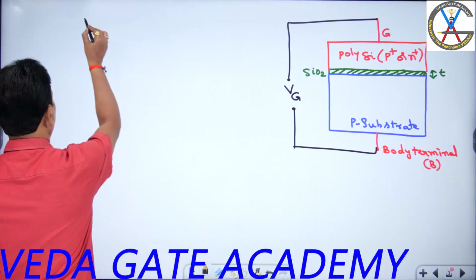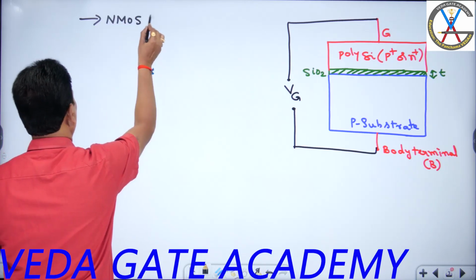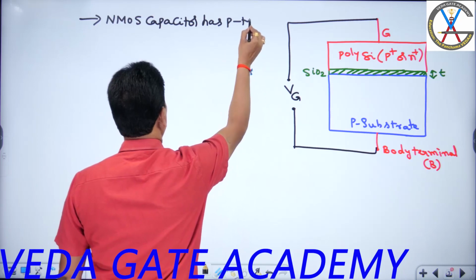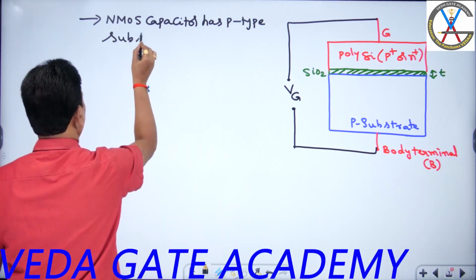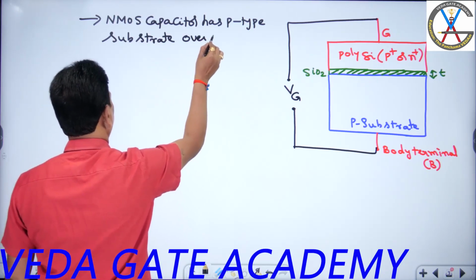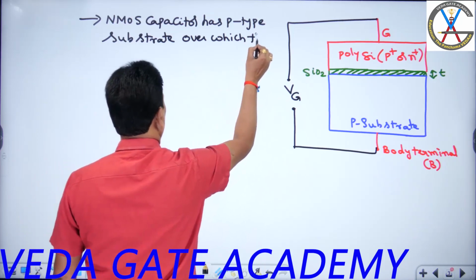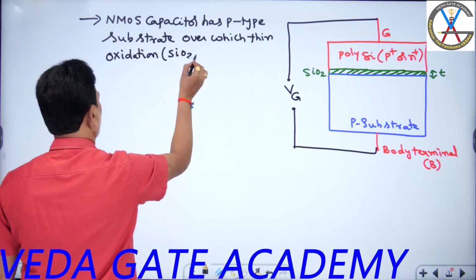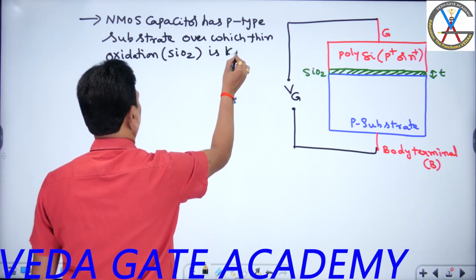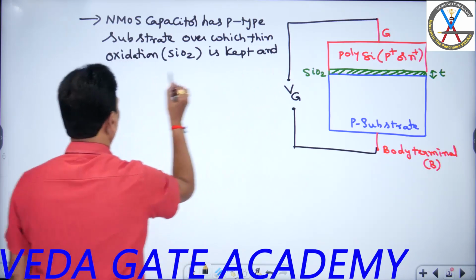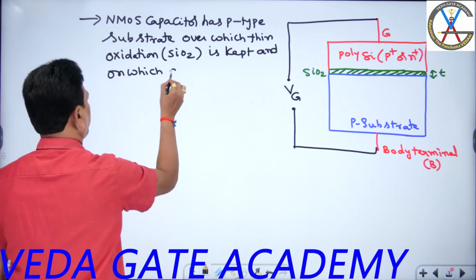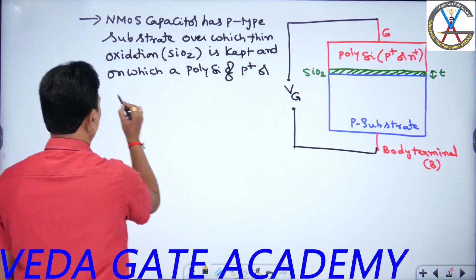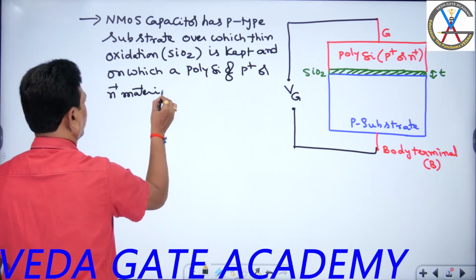So what I told you, the NMOS capacitor has a p-type substrate, students, for which a thin oxidation layer, SiO2, is kept, and on which a polysilicon that can act as another electrode, polysilicon of P plus or N plus material, is kept.